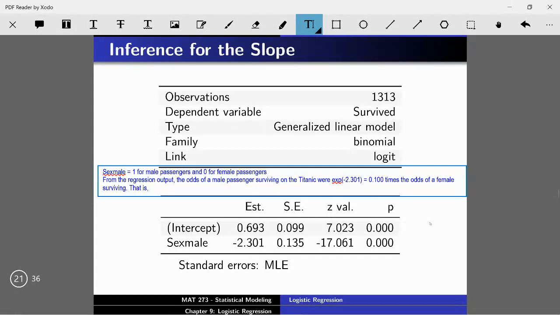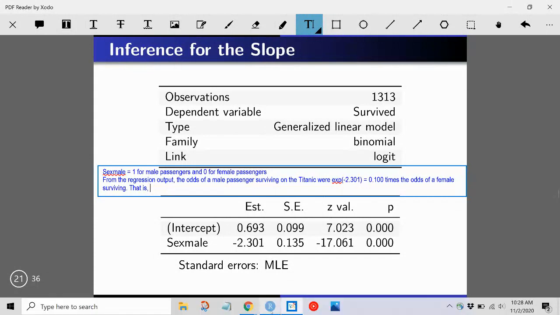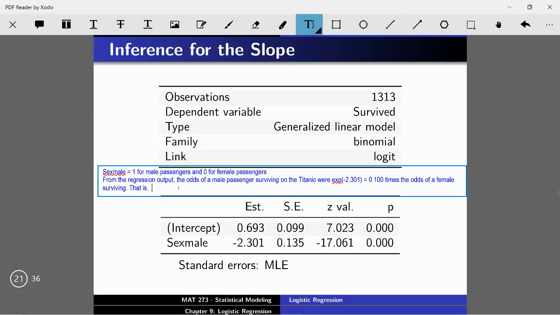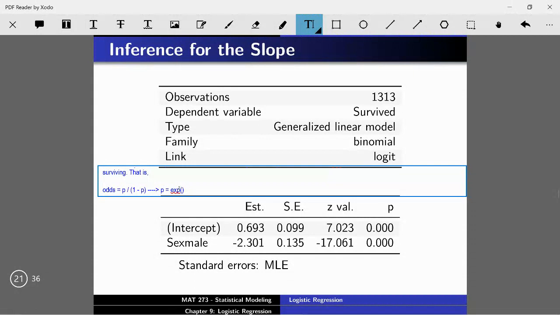If we want to get the probability, this is a little bit more complicated, but what we can do is, if we recall, odds equals, if P is the probability, P over 1 minus P. That actually tells us that P, if we solve for it, is equal to e to the odds over 1 plus e to the odds, with the odds exponentiated.